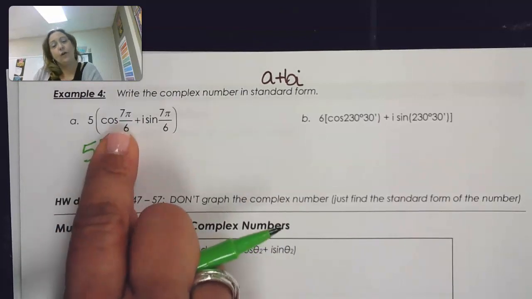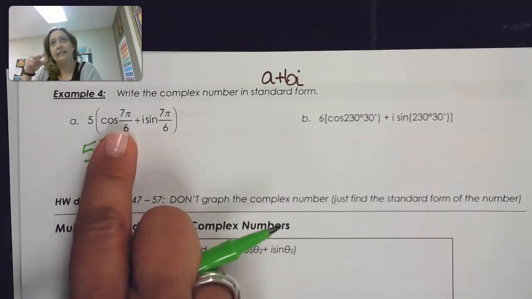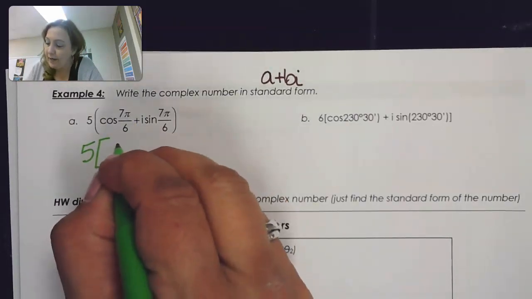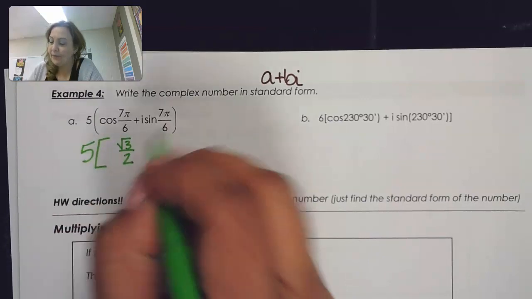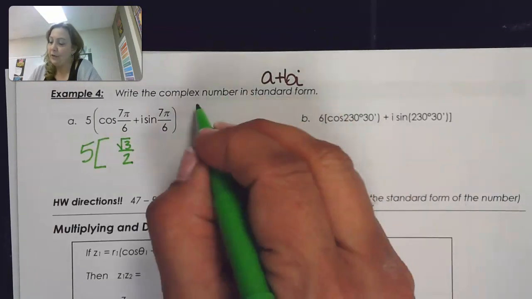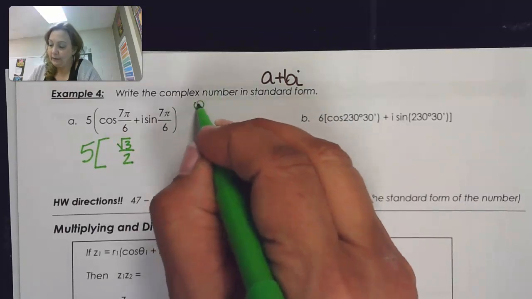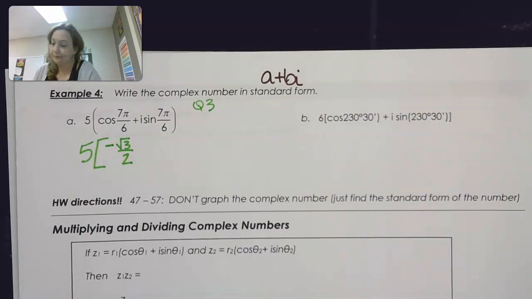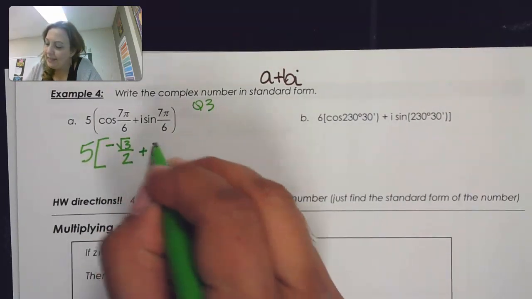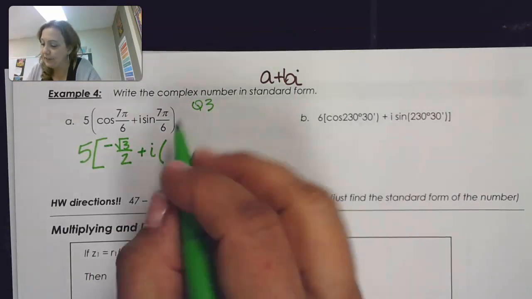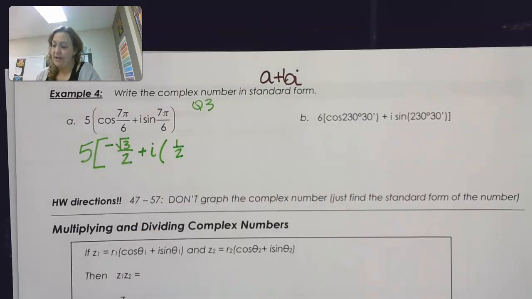So if I take the cosine of 7π/6, again, that's the small triangle family, so that's going to be √3/2. 7π/6 is going to be in quadrant 3, and so cosine will be negative in quadrant 3. And now I have i times the sine of 7π/6. So 7π/6, again, is the small triangle family, so that's going to be 1/2.